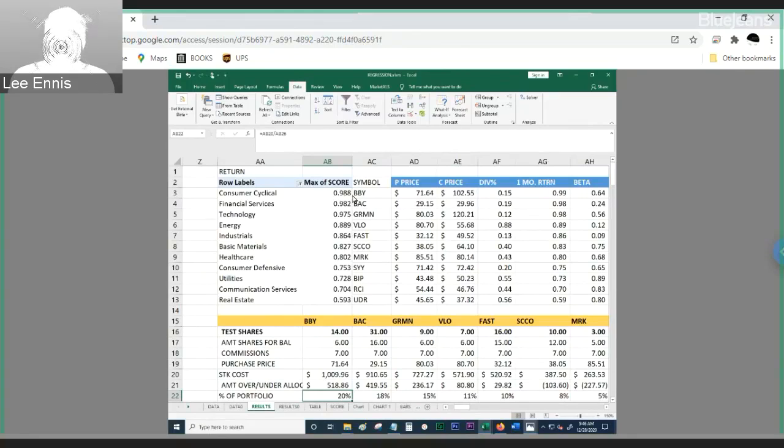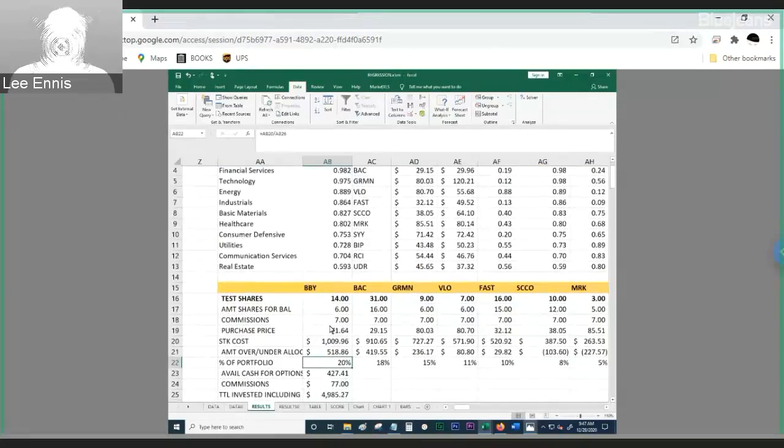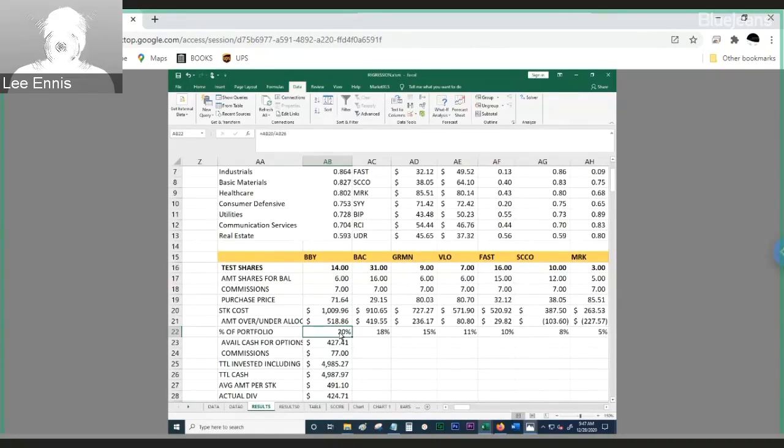So you see the score percentile here. This is in the top 1 percentile. This is 2%, and so forth. Best Buy has the best score out of all the companies, and so they get the largest percentage share of the portfolio. And then we step down to 18%, 15%, 11%, 10%, so on and so forth.